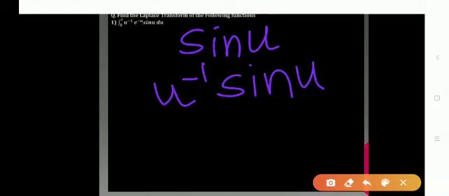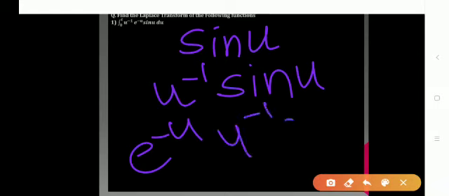Here we have to apply the division by t property, and then finally we will find the result for e raised to minus u into u raised to minus 1 sin u by the first shifting property, and then we will apply the result of Laplace transform of an integral. Okay, we will see the solution step by step.